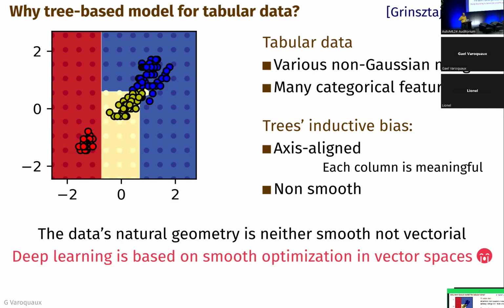If you think about a linear model or the first layer of your typical neural network, the first thing it does is a linear combination of all the columns. The kind of inductive bias is extremely different. One is centered on the column by itself. The other one is centered on a linear combination of the columns, which doesn't always really make sense from an application perspective.